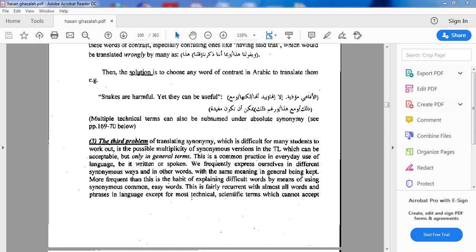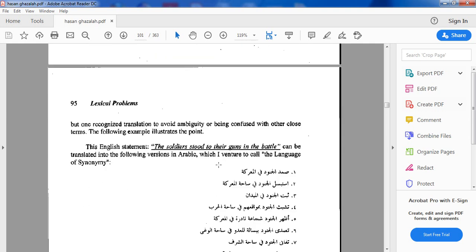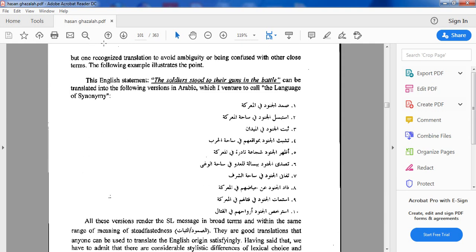Okay, to exemplify, we have this sentence: the soldiers stood to their guns in the battle. Okay, so we have all those صمد استبسل ثبت تشبت أظهر شجاعة تصدى تفانى ذاد عن استمات استرخص. All these, to stood their guns.